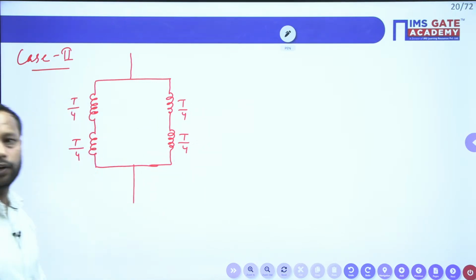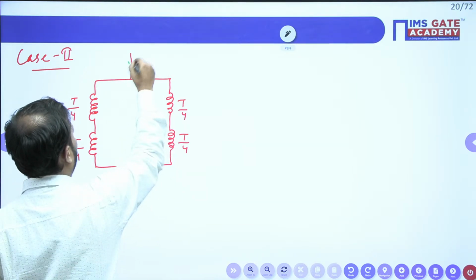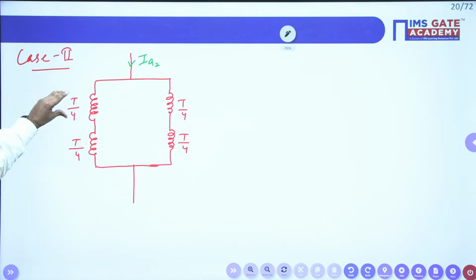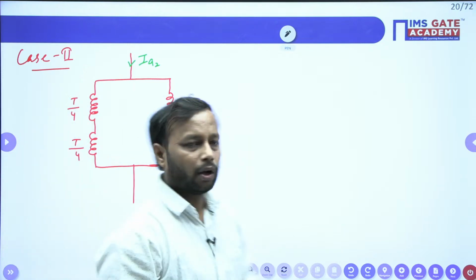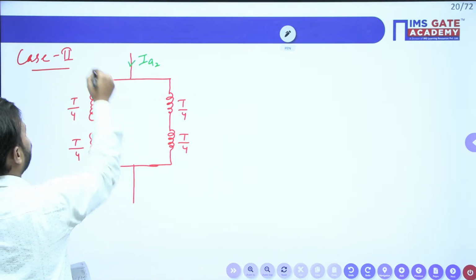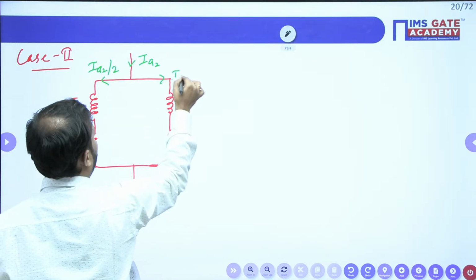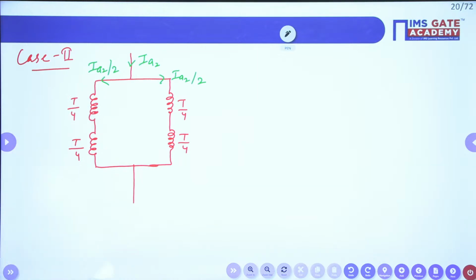Means each coil will have T by 4 turns. And let me take this time the armature current as Ia2. Since all are the same, the resistance will be the same. So the current will divide into two equal halves, Ia2 by 2 each. Done? Clear?